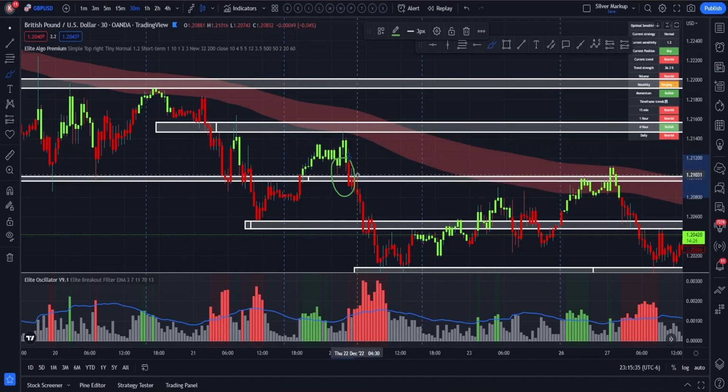One is the candle has to be the color of the direction that it's going. If you have your candlestick colors on with your Elite Algo Premium, you're going to be able to see that momentum is to the downside. But also, you want the actual breakout filter to confirm that strong volume, that strong momentum with that breakout.